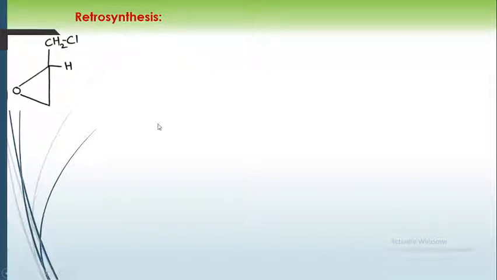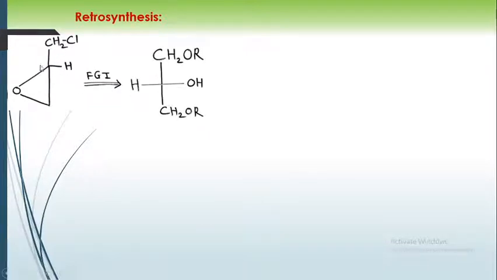So we have to synthesize the epichlorohydrin. Let's see the retrosynthesis. This is the structure for epichlorohydrin. First we do the functional group interconversion. This epichlorohydrin is converted into this molecule, then converted to this aldehyde.